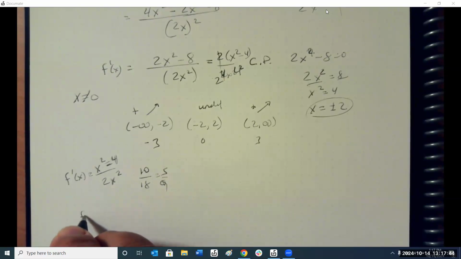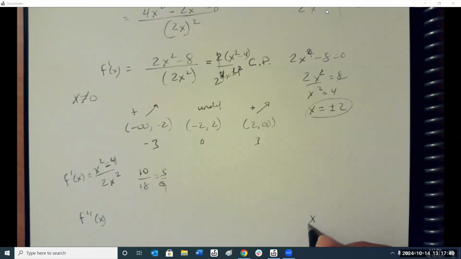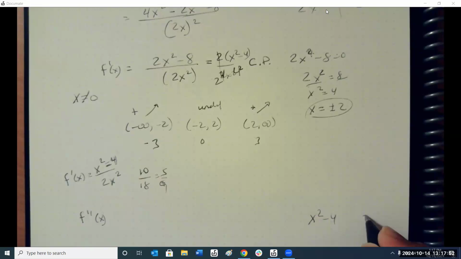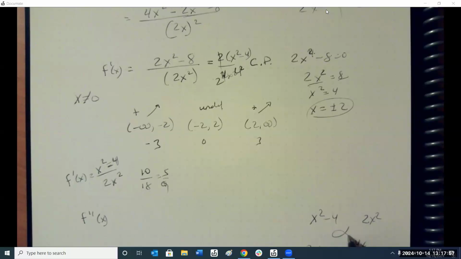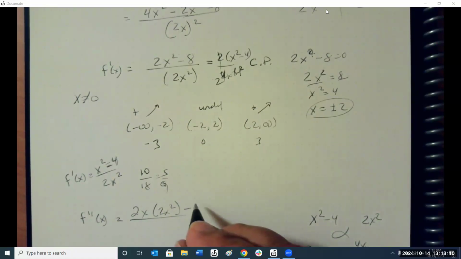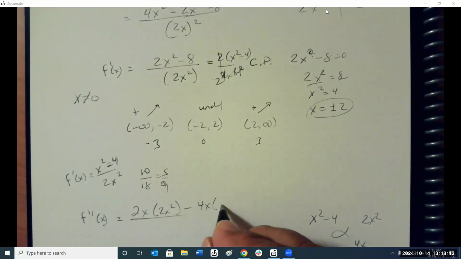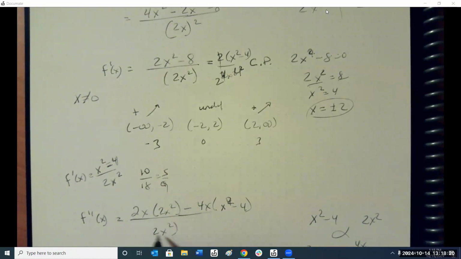So my second derivative: 2x squared times 2x minus x squared minus 4 times 4x, all over 2x squared squared.